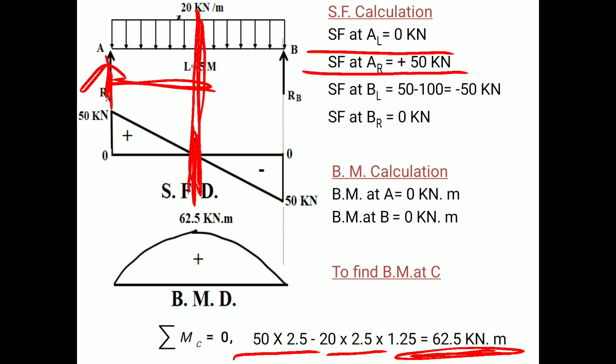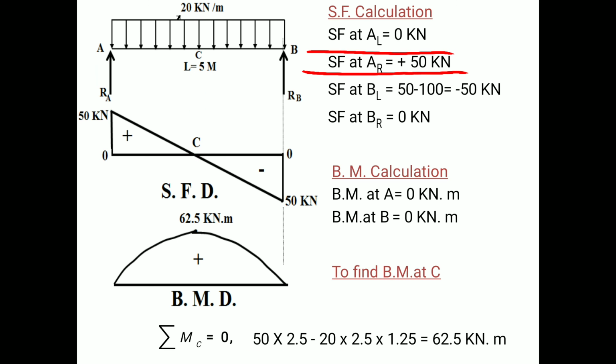Remember that in a bending moment diagram, the bending moment at the ends is always 0, and sagging bending moment is considered positive if we consider the left hand side, and hogging bending moment is considered negative. Moment at C, if I consider a section at point C, this distance is 2.5.